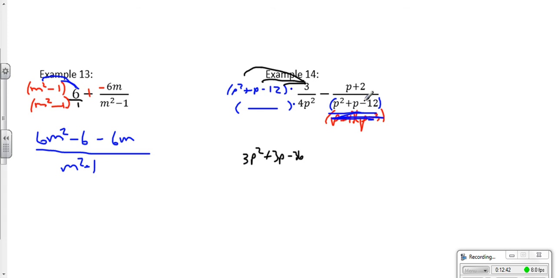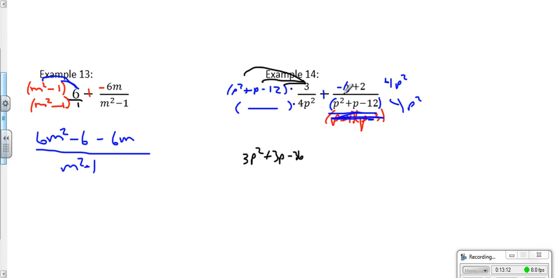and the second one I'm going to have to multiply both sides by 4p squared. Now remember, we're subtracting these two, so let's change this again. I did that first last time. I should have done it first on this one, but it's going to be plus a negative.